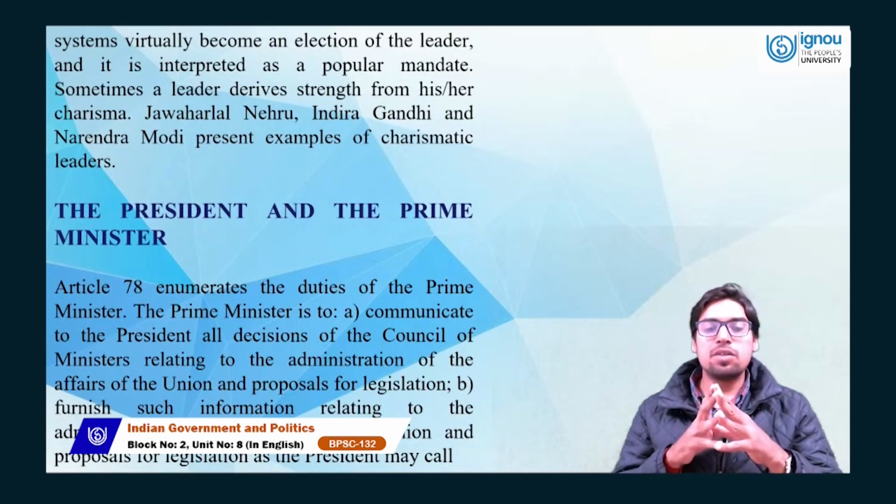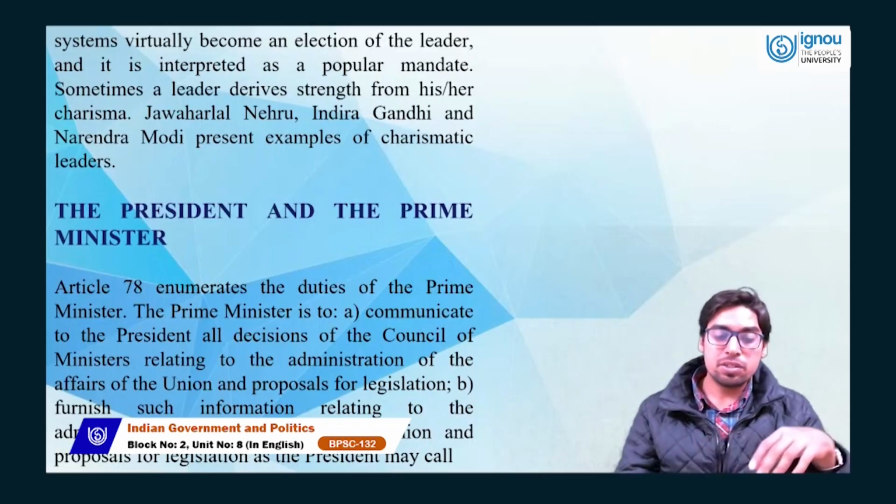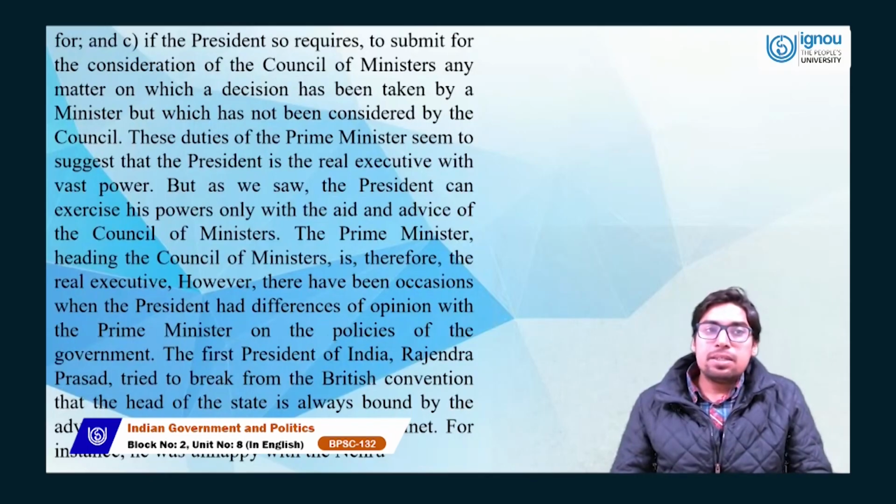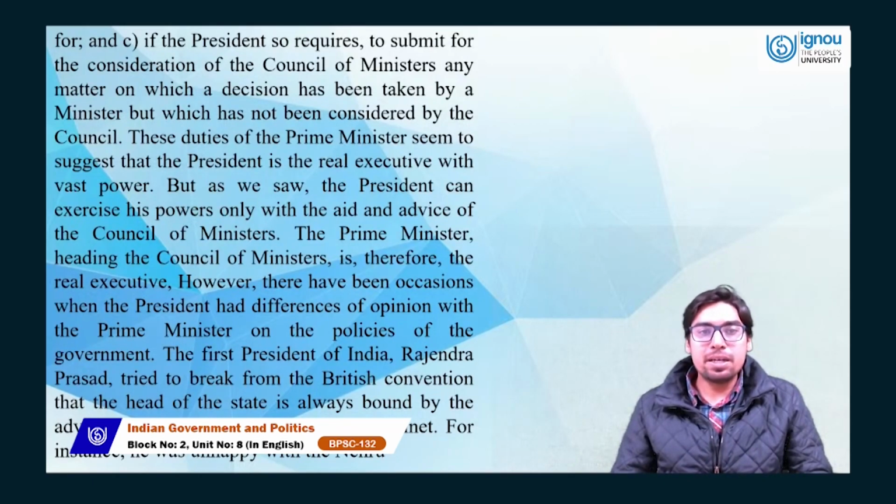B, furnish such information related to the administration of the affairs of the Union and proposals for legislation as the President may call for. And C, if the President requires, submit for the consideration of the Council of Ministers any matter on which a decision has been taken by a minister but which has not been considered by the Council.